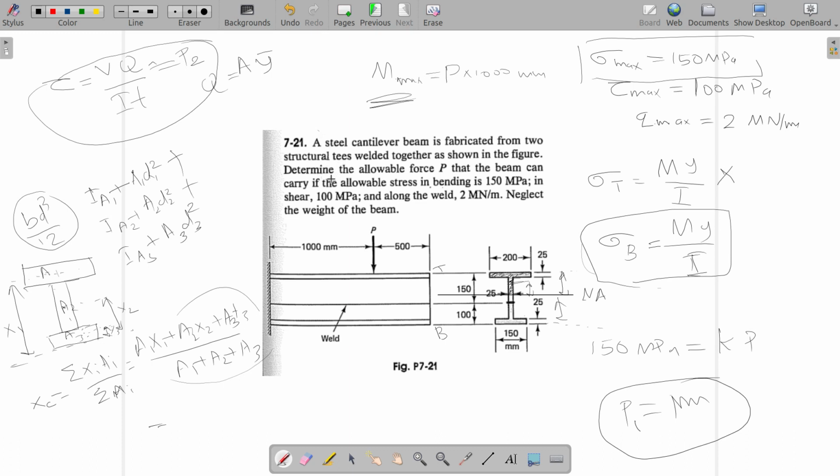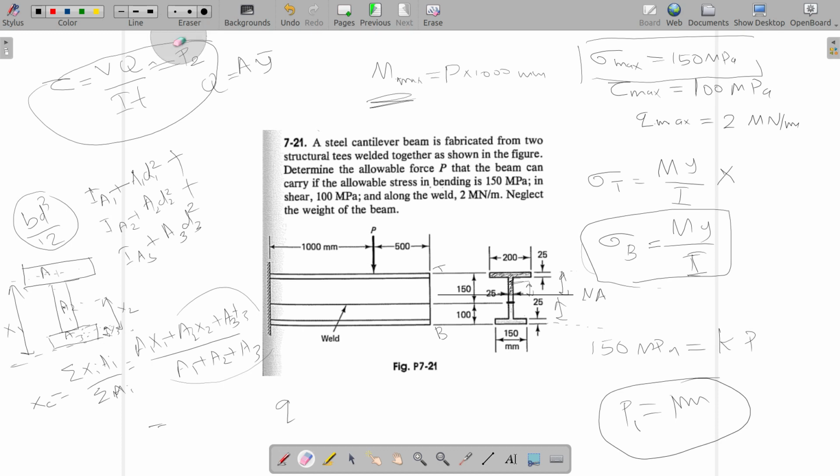So you have calculated the maximum allowable force using two techniques, and you have one more constraint. The third constraint is that the shear flow at the weld point is 2 meganewton per meter. So Q max, sorry, why did I write P equal?